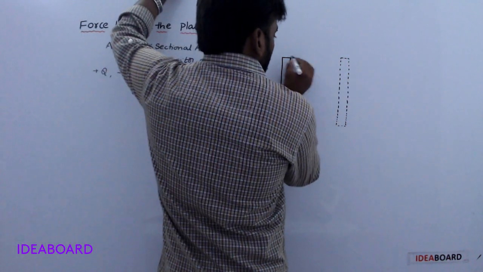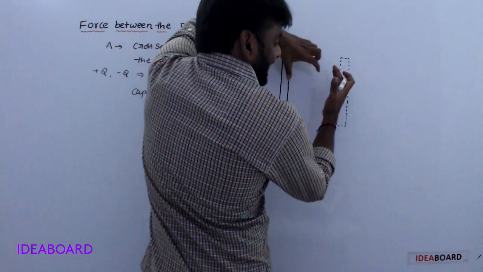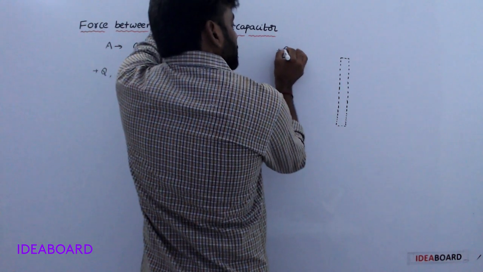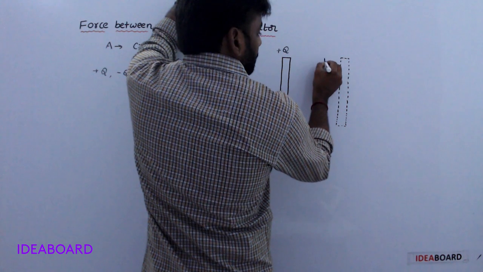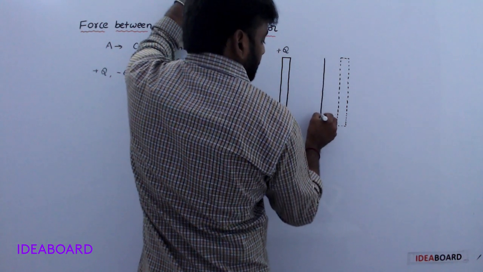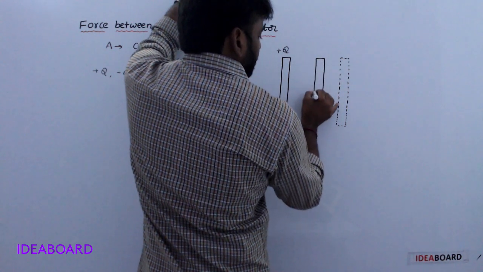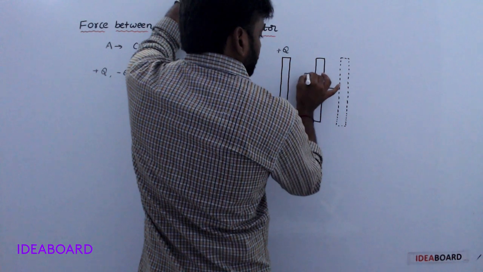Due to opposite charges, both are attracted to each other. Now, the charge on this one is plus Q. It is attracted with this one. Present position is this one.